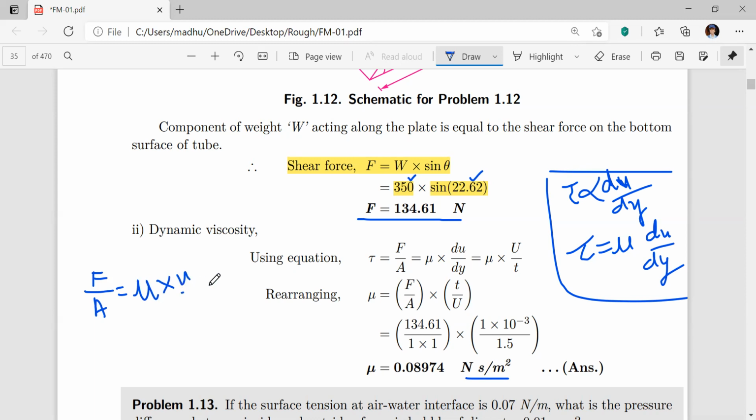Right? What is F by A? Shear stress. Mu into u by t means mu into du by dy. I will rearrange this equation. mu is equal to F by A into u by t. If you send it to this side, it will become t by u. Is it correct? Is it understood?